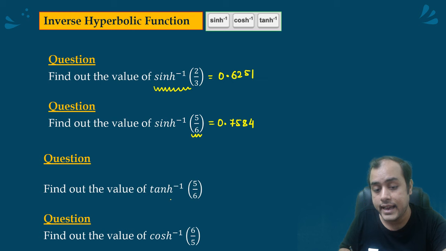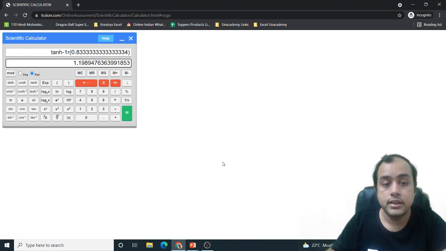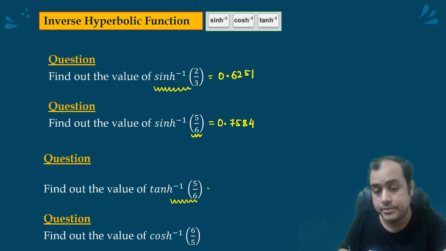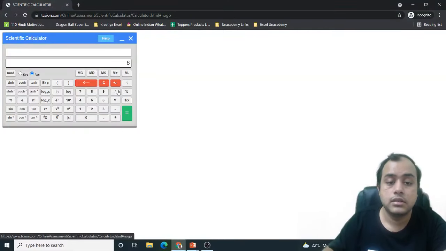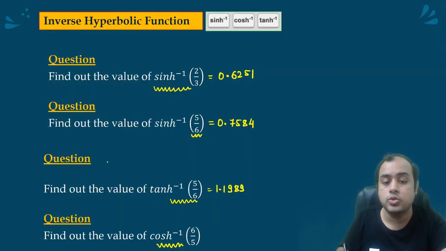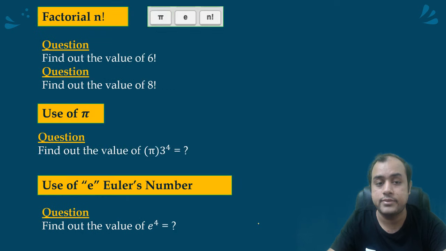Tan h inverse 5 by 6, 1.1989. Cos h inverse 6 by 5. I'll press cos h inverse 0.6223. See, very simple. If you remember that it works from right to left, then it is very easy.